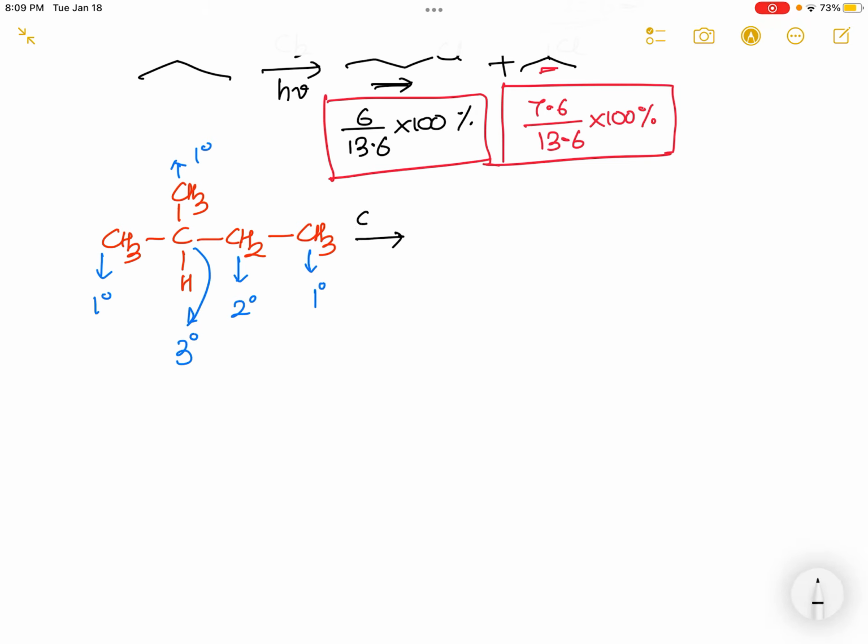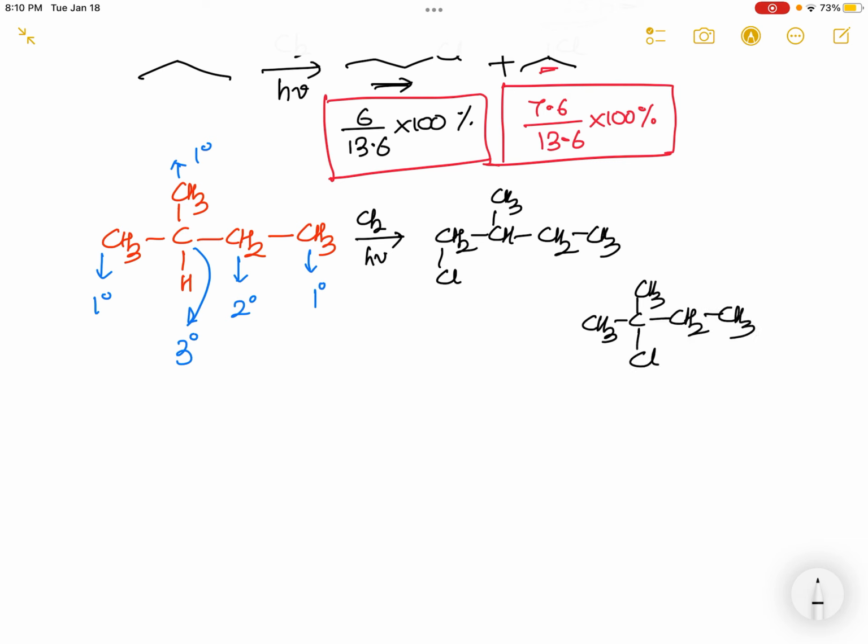What products are possible in chlorination? See CH2, here I am writing chlorine. This is first product. CH3, CH3, chlorine I am writing here. Second product.